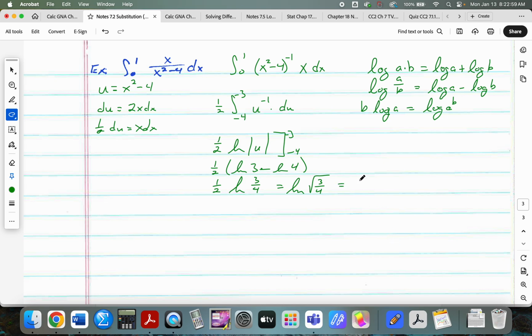Or, if you want to keep pushing it, that would be the natural log of the square root of 3 over 2. I'm not super particular about simplifying it beyond something like this, or even sometimes I don't even do that.